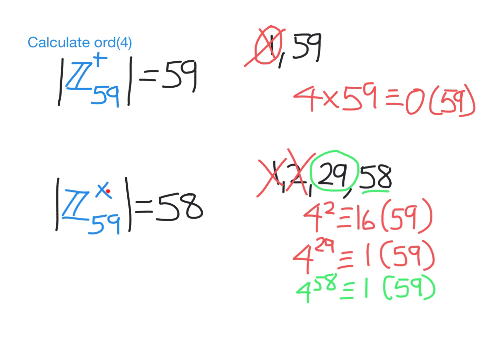Because this is a group under multiplication, we're looking at the smallest number of times 4 needs to be multiplied by itself to get the identity. So even though 4 to the power of 58 does give you the identity, 58 is not the smallest such number. So we write the order of 4 in this group we're talking about is equal to 29.